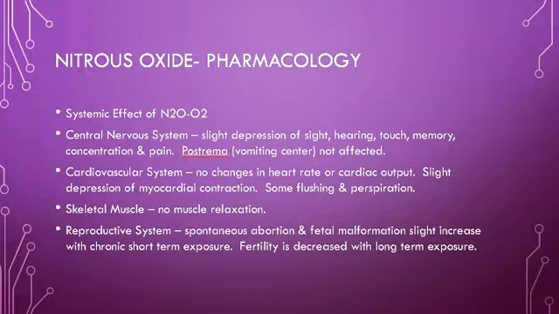On the cardiovascular system, there are no changes in the heart rate or cardiac output except for some slight depression of myocardial contraction. And this is really where the benefit comes from for patients that have anxiety, in that it decreases the effect of anxiety by decreasing that myocardial contraction.